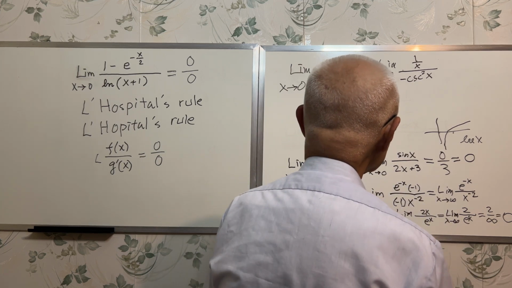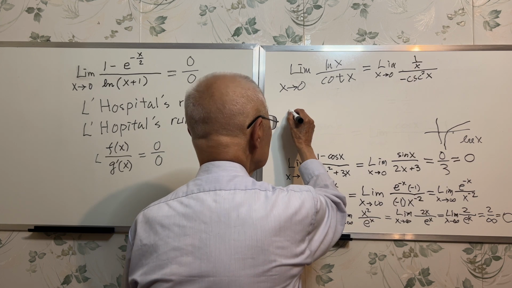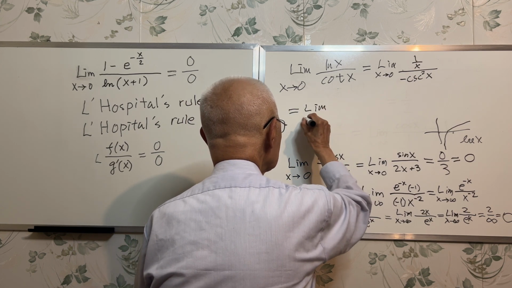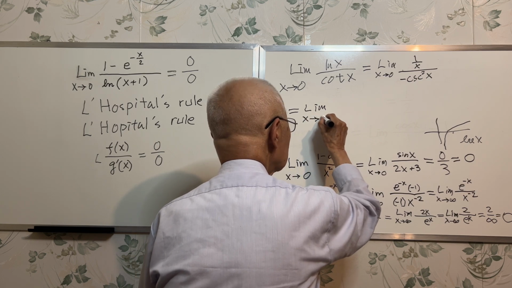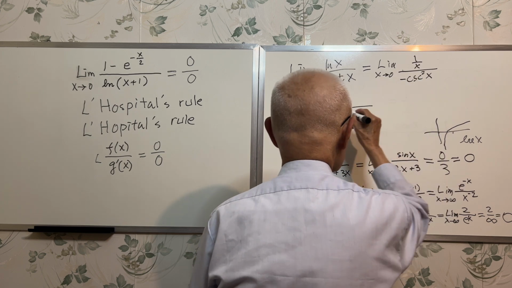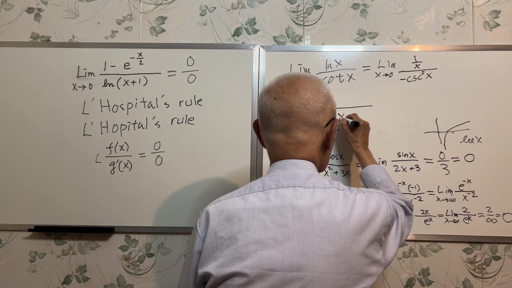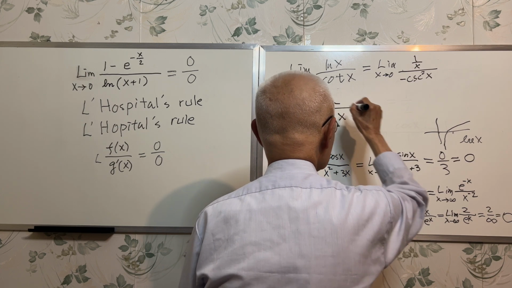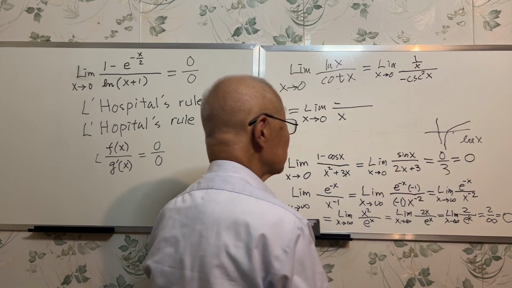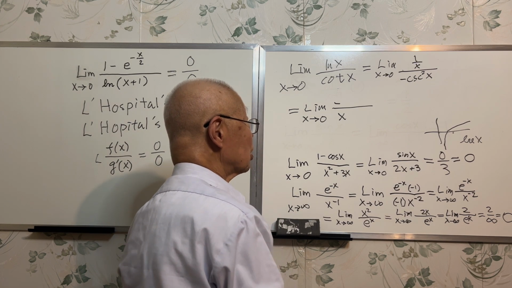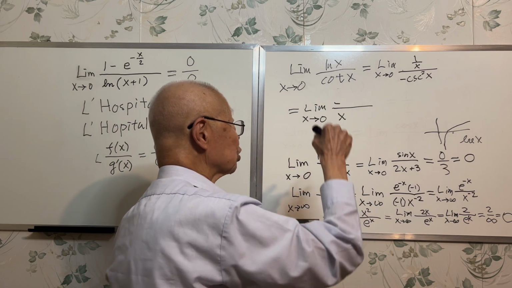So what is this? You can move the 1 over x to the denominator, and you still have the negative. Cosecant is 1 over sine. So 1 over cosecant squared is sine squared, which goes to the top.